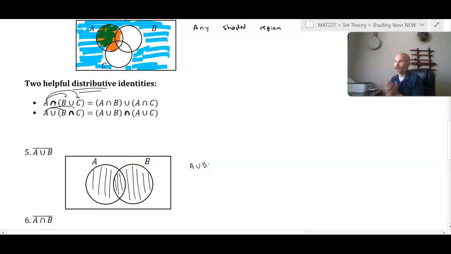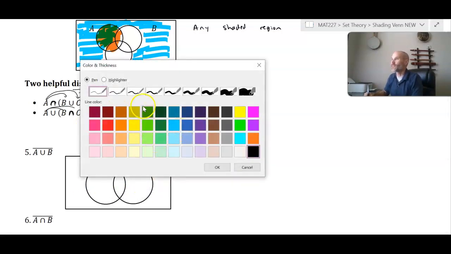Okay, but we're looking for everything outside of A union B, right? So that means take A union B, unshade, and then shade in the portions that are not shaded in A union B. So in simple terms, okay, we know that A union B is everything in those 2 circles.